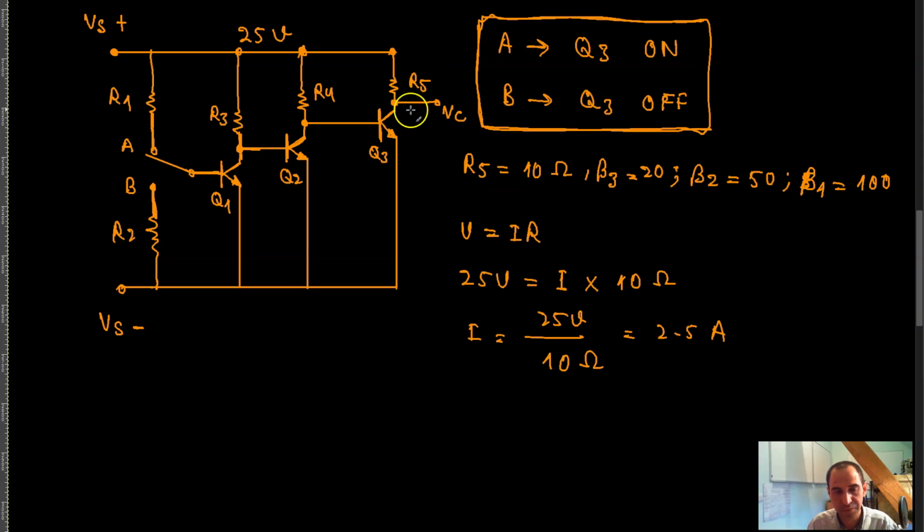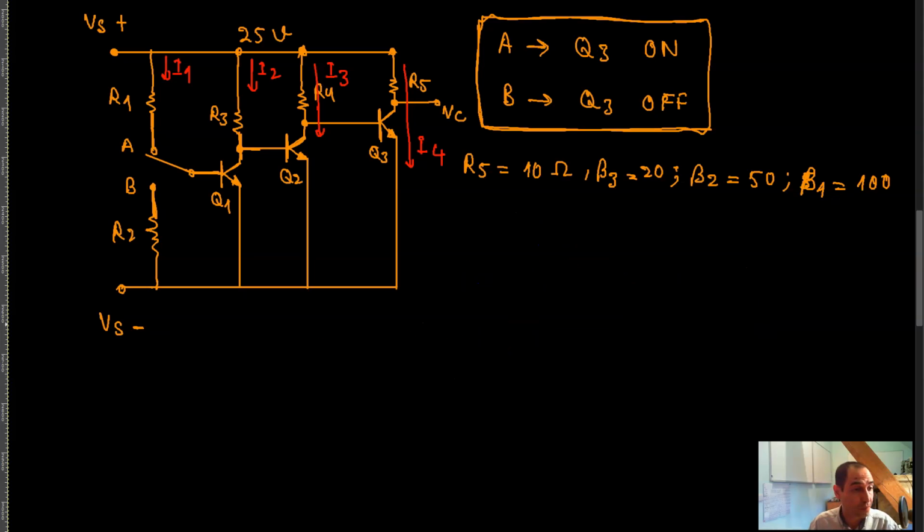That means that if I call this current over here I of 4, let's call this current I of 3, for example, this current I of 2, and this current I of 1, then I of 4 has to be 2.5 amps.